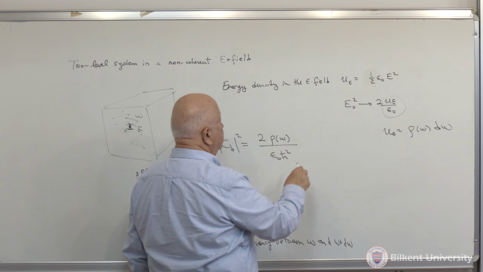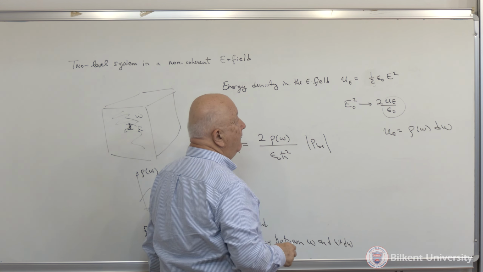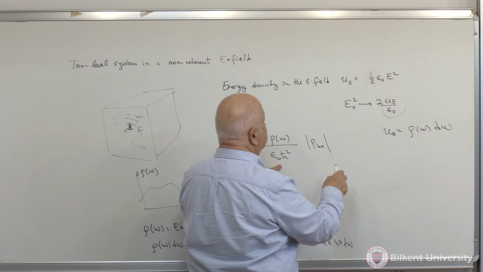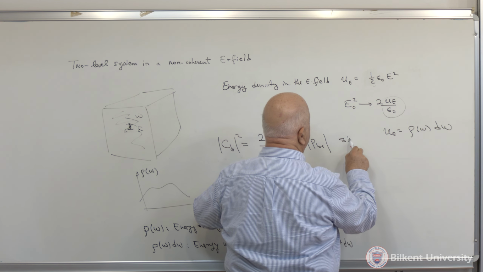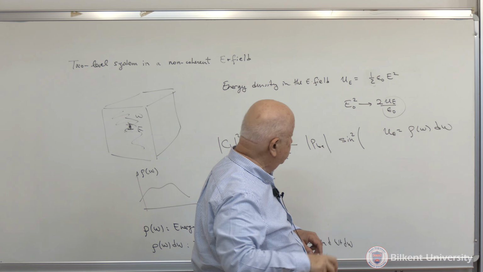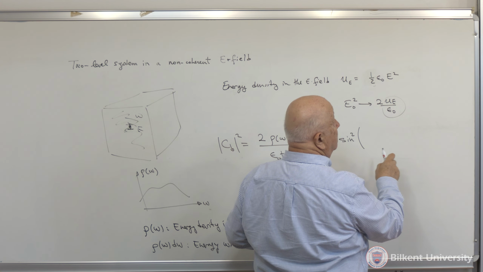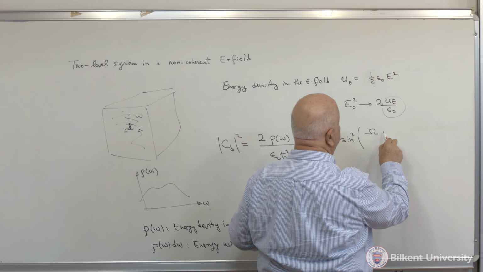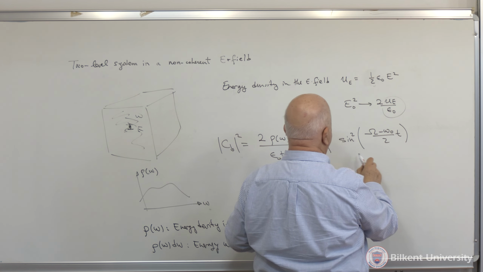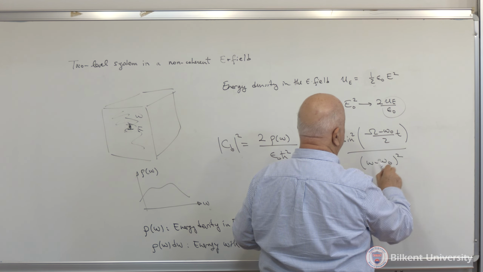I still have my PBA and sine squared omega. As I get tired, I start to put things in wrong places. Sine squared omega minus omega 0 over 2 t over omega minus omega 0 squared.